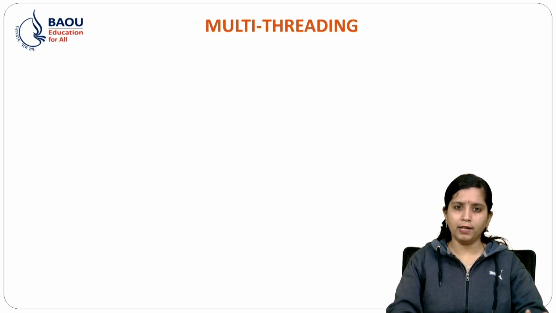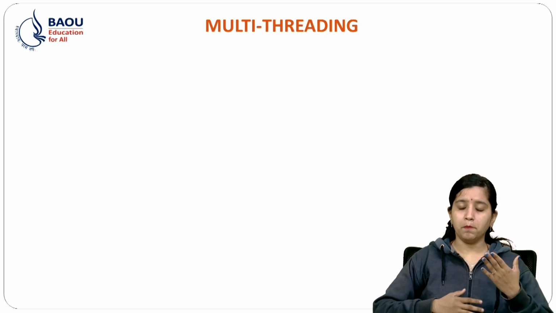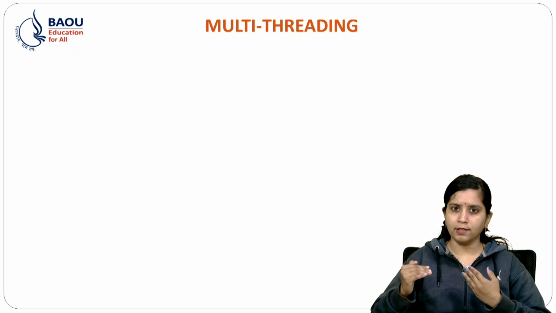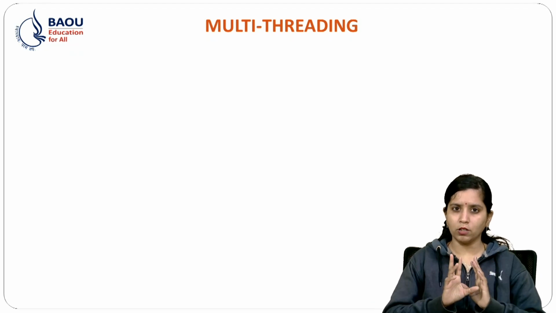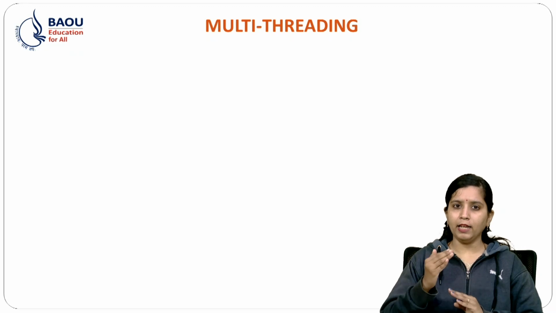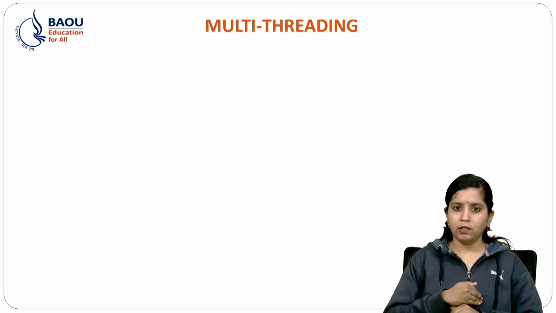So what is multi-threading? Multi-threading is a technique used in operating system to improve the performance and the responsiveness of computer systems. Multi-threading allows multiple threads, that is lightweight processes, to share the same resources of a single process, such as the CPU, memory and the input-output devices.